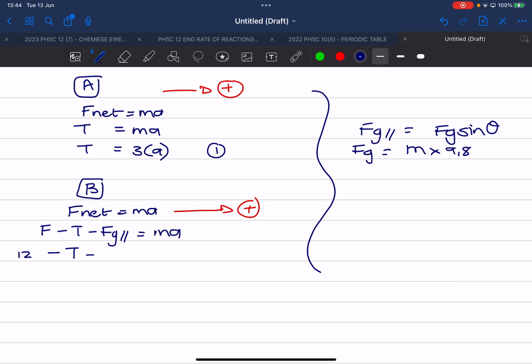Nee? Okay. So for this one, the mass is 1 kilogram times 9.8 times the sin of 37. It's gelijk aan 1A.